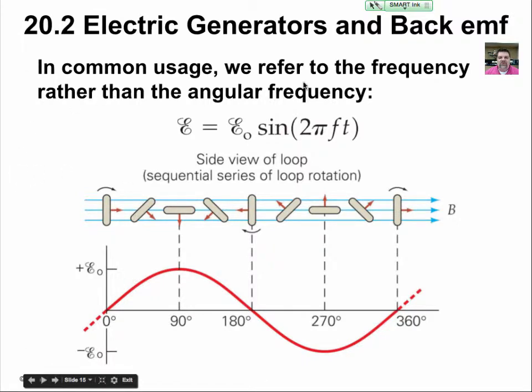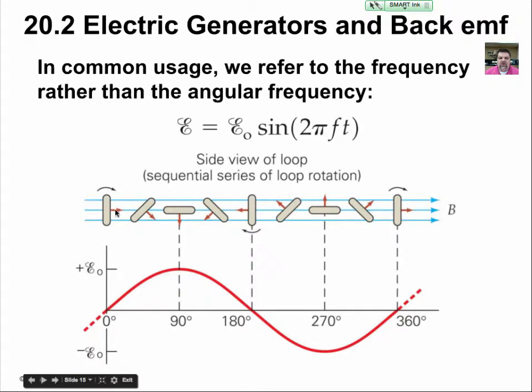So in common usage, we refer to the frequency rather than the angular frequency. The frequency can be measured as cycles per time, but the angular frequency is a measure of this rotational motion.